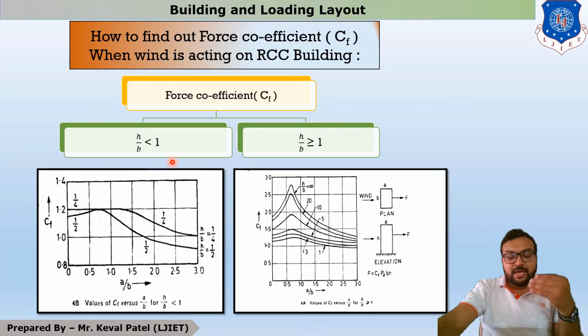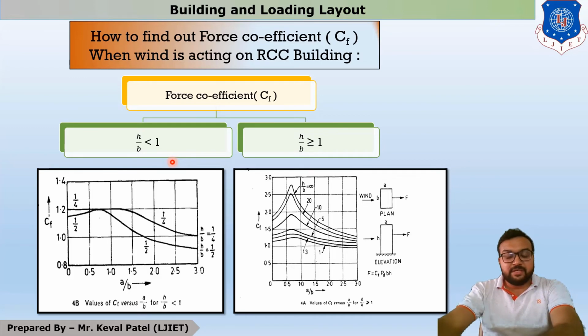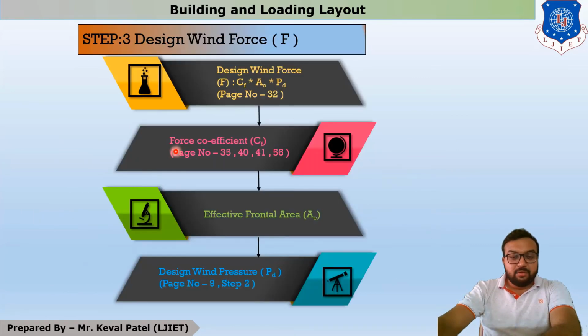Now what is RE? RE means Reynolds number. Okay, so how to calculate Reynolds number and after that how to calculate the value of CF will be discussed in our example number 3. Okay, so this is the method of how to calculate CF.